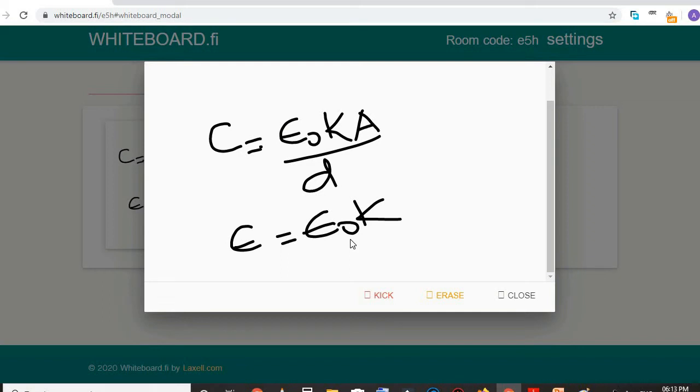A dielectric medium may be air, plastic or paper or whatever it is. The permittivity of that medium is epsilon. Epsilon 0 is permittivity of free space. Permittivity of the dielectric medium is epsilon. That means if we multiply permittivity of free space with this constant K, we will get permittivity of that medium.